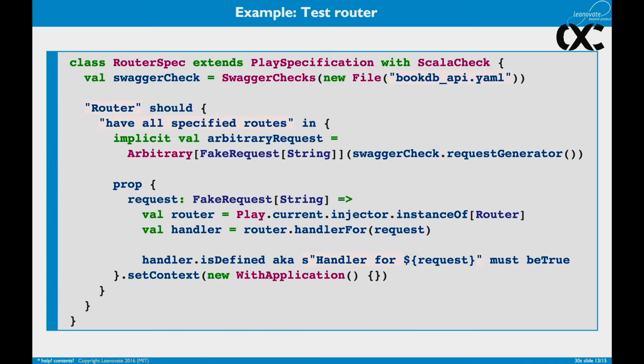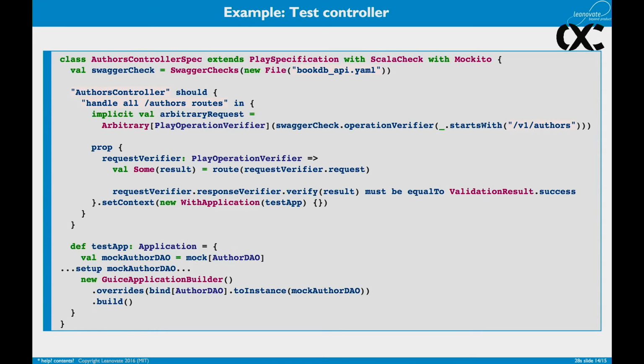And eventually, you can even go on. This part here is where you actually start testing your controller code. You say, just give me anything the controller is actually listening for, any kind of request according to my specification.